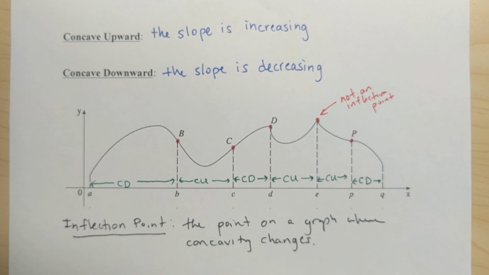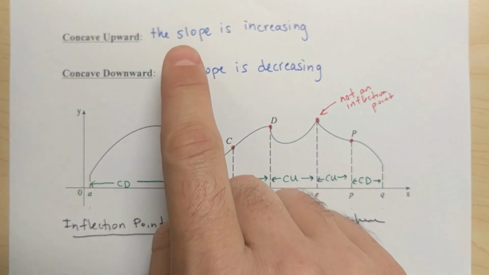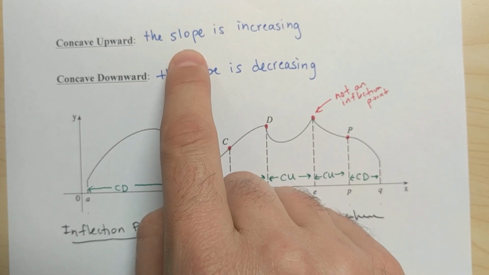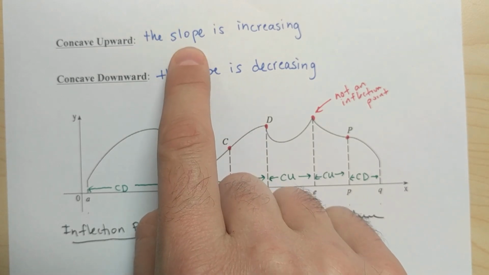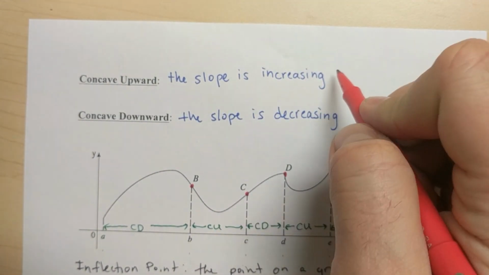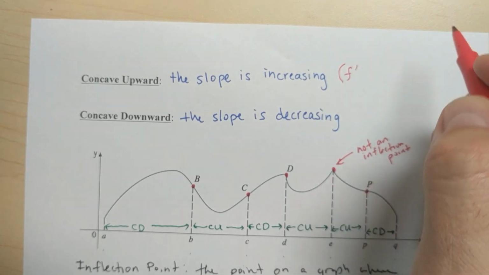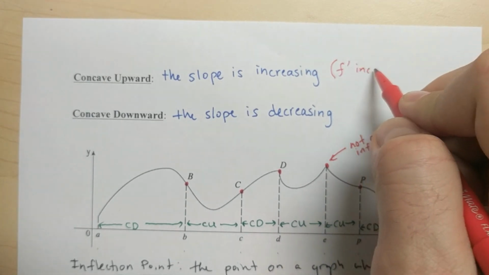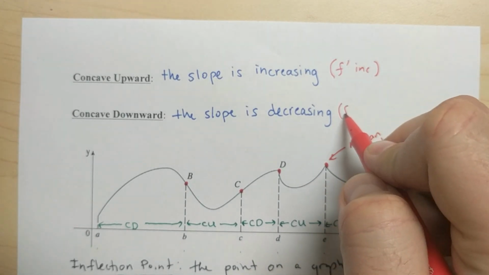This time we're not interested in the function increasing or decreasing, we're interested in the slope increasing. Well, the slope is f prime. So in other words, we want to know where is f prime increasing? Or where is f prime decreasing?